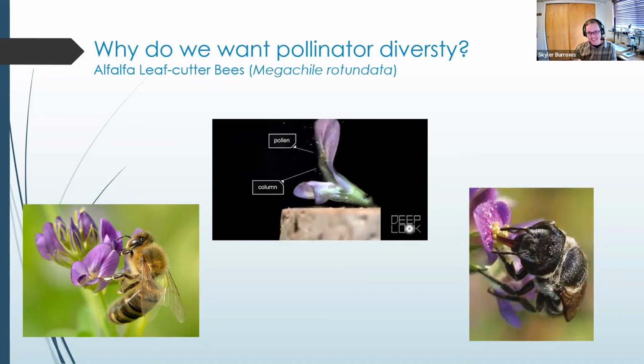It'll just dig its face in, get pollen all over it, and transfer that to the next plant, where the honeybees have figured out good ways of delicately stepping around and getting the pollen, or cutting into the back of the flower and doing what's called nectar robbing. So that's something to think of when we're thinking about keeping our native pollinators.